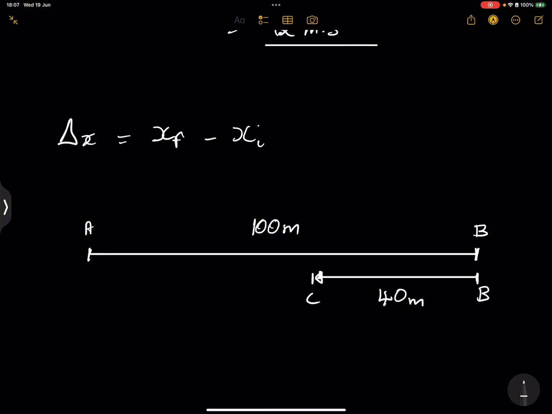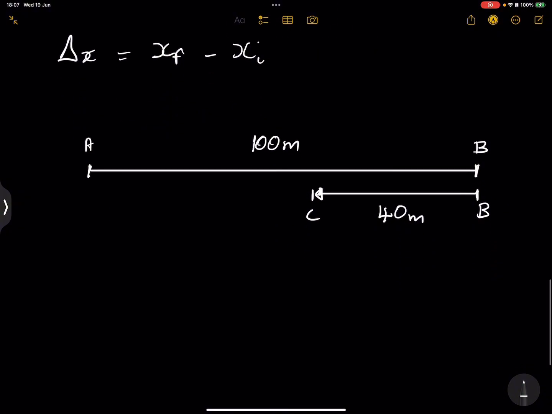Now, what would be the displacement from A? Firstly, what would be the distance covered from A to C? I want you to please note, in this case, we are not going to consider anything about direction.